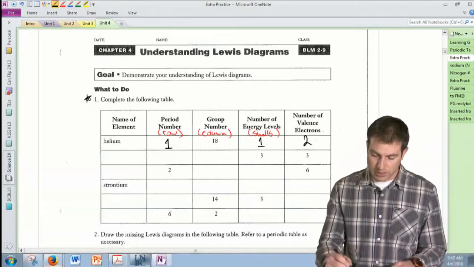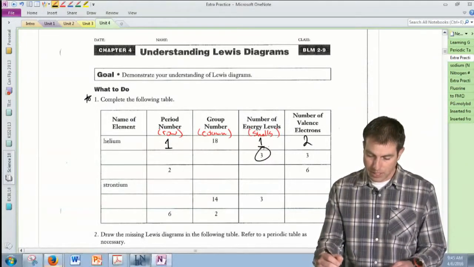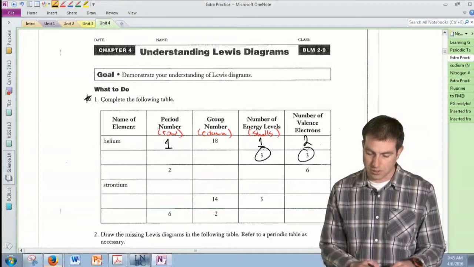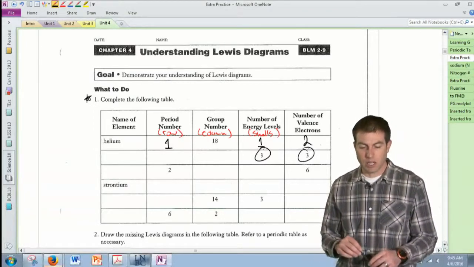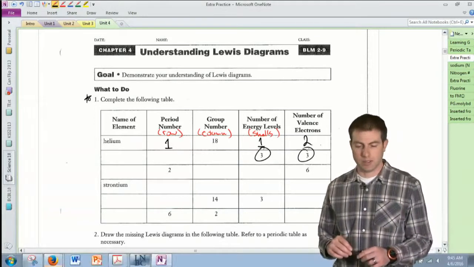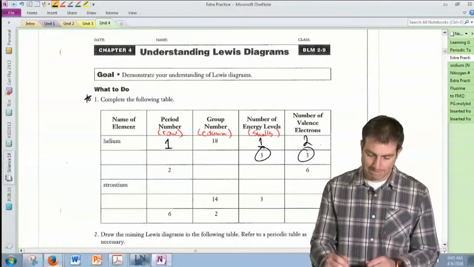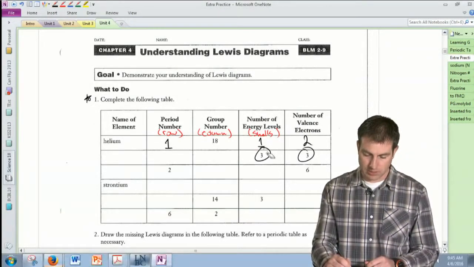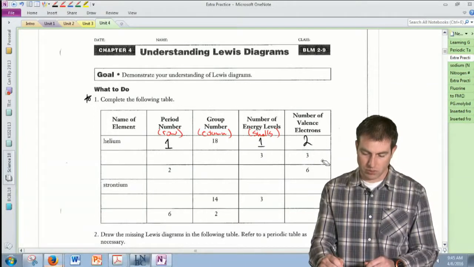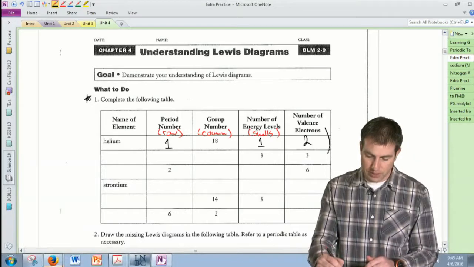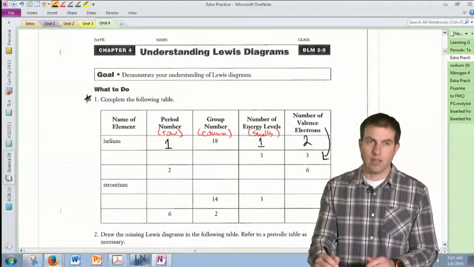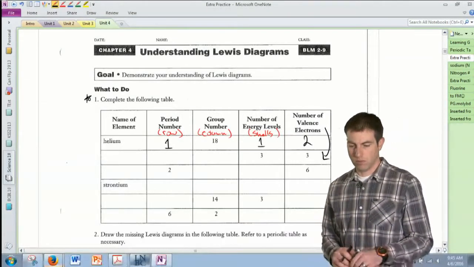The next one, you're like, whoa, it didn't give me any information. It tells me something has 3 energy levels, and it has 3 valence electrons. Does that give me enough information to figure out what element this is? Well, we can skip it and come back to it, or we can just think about it really hard. If it has 3 valence electrons, that means it is in column what?